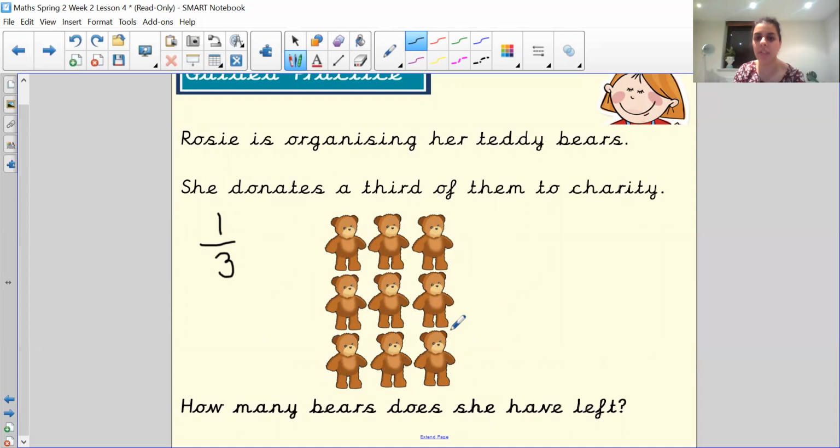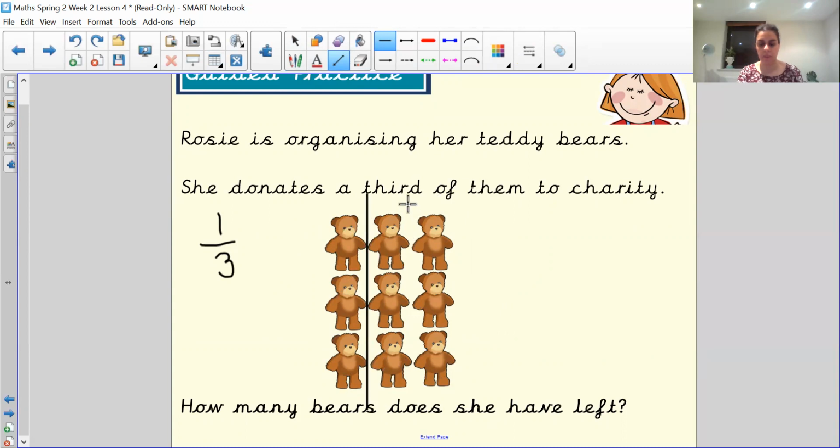She donates 1/3 of them. So we need to split it up again into 3 equal groups. Now, like I've said, if you need to pause the video, get 9 objects and share them into 3 equal groups, it's absolutely fine. Or if you can see on the screen that you can just split them into 3, that's absolutely fine as well. So you could do it that way, 1, 2, 3, or you can do it the other way, 1, 2, 3.